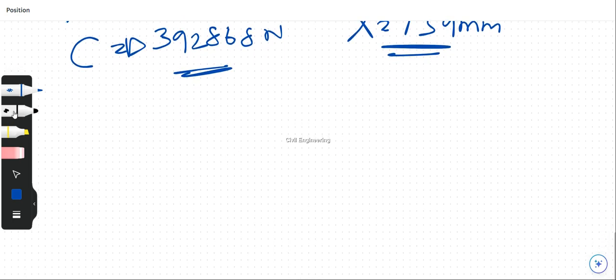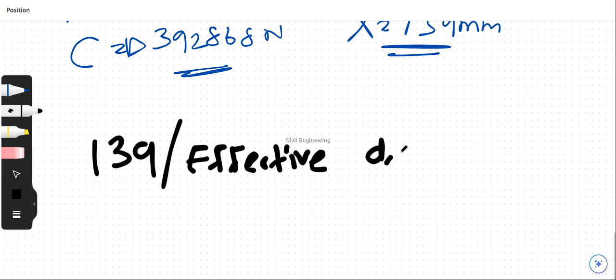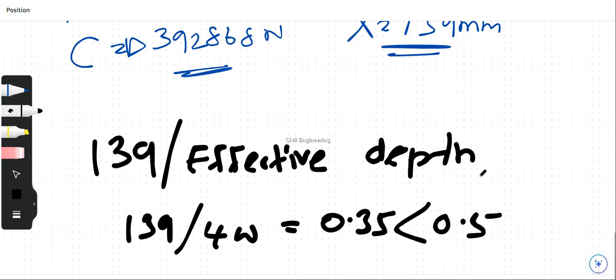and we can check the ratio x over d, the neutral axis over the effective depth. That is equal to 139 over 400, which is 0.35. That is lower than 0.5.